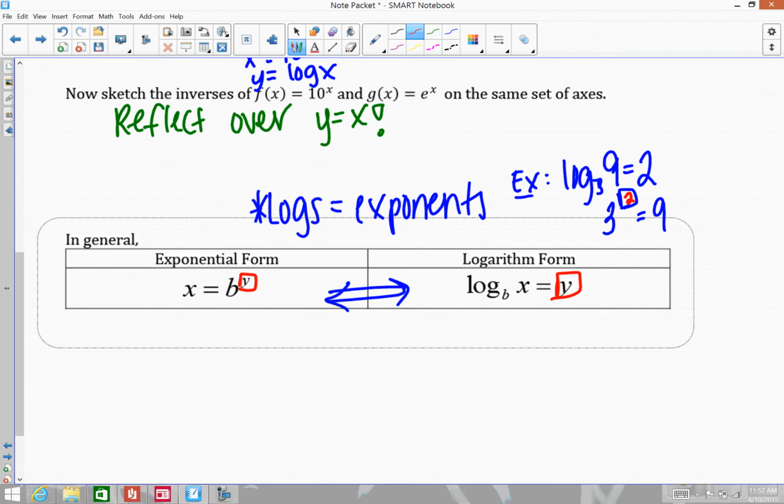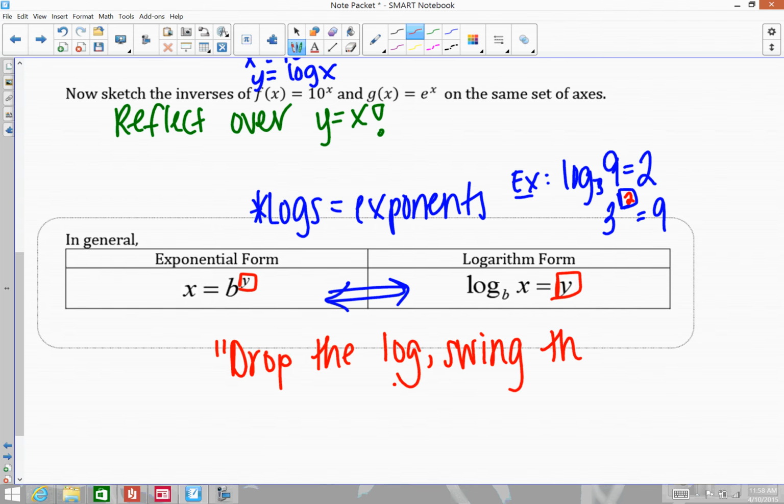An easy way to remember how to go from one form to the other is I remember it as drop the log, swing the base. So switch back and forth. So let me give you that example.